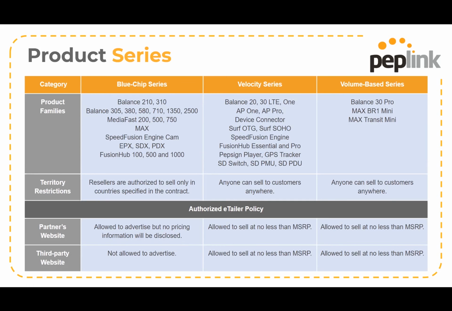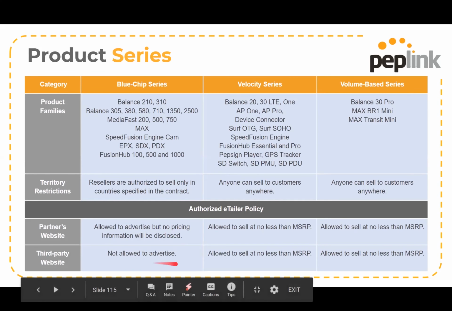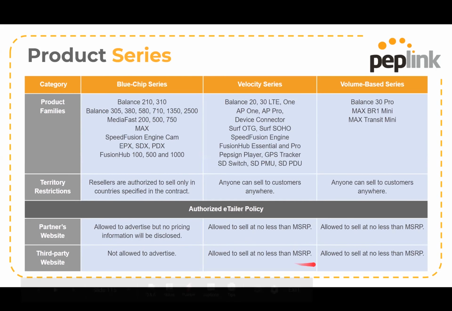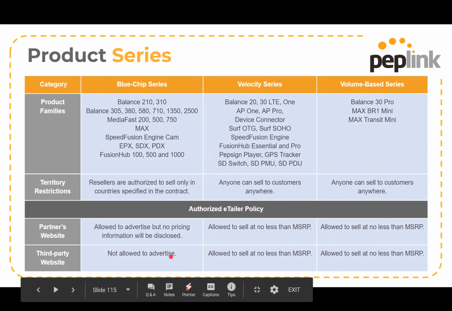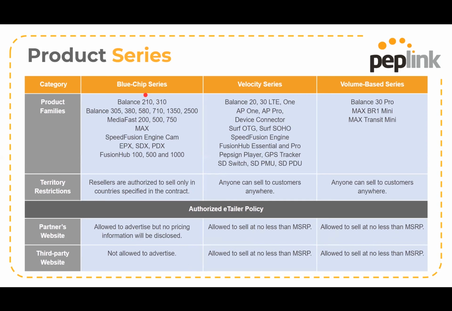If we find out, you are basically putting your partnership at risk with us. For these, you can advertise at not less than MSRP, and same on Amazon, for example. Same for these. So the main restriction to look at is under the blue chip series, and these questions may be asked on the exam.